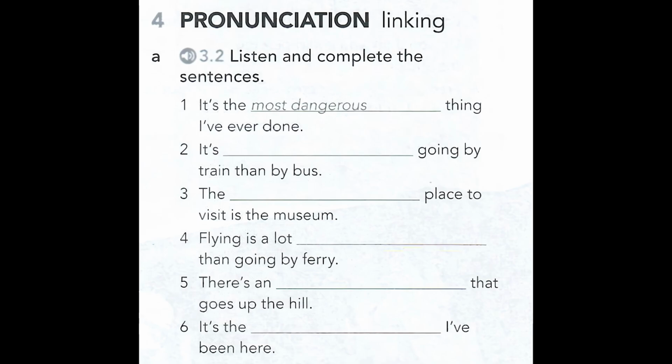Three point 2, 3A, Pronunciation. A. 1. It's the most dangerous thing I've ever done. 2. It's more relaxing going by train than by bus. 3. The most interesting place to visit is the museum. 4. Flying is a lot more expensive than going by ferry. 5. There's an old tram that goes up the hill. 6. It's the first time I've been here.